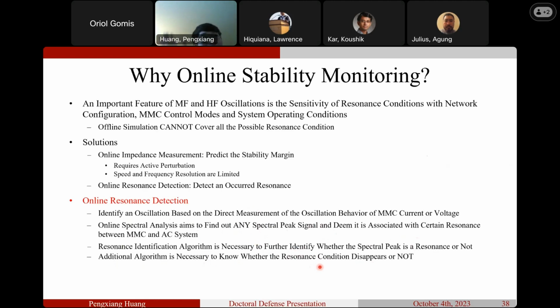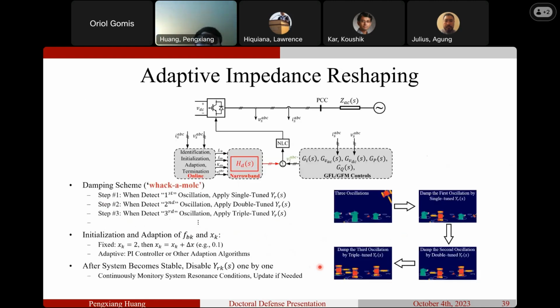Otherwise, if you keep adding dampers or keep adding reshaping control, you don't know whether it is redundant or not, and then your MMC impedance will eventually be very ugly. So here is a big picture of how the narrowband impedance reshaping controls proposed in chapter 4 are coordinated. I want to use an analogy, which is like whack-a-mole.